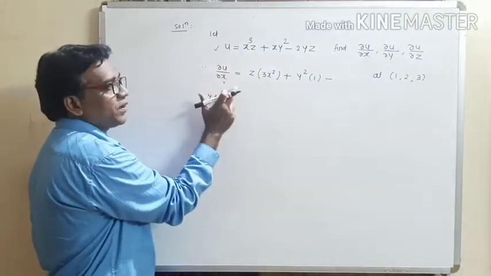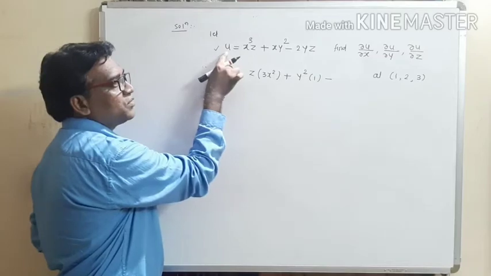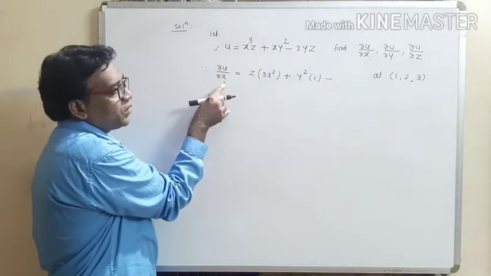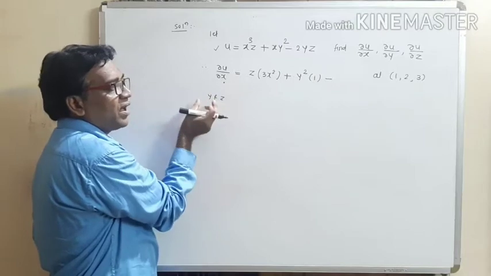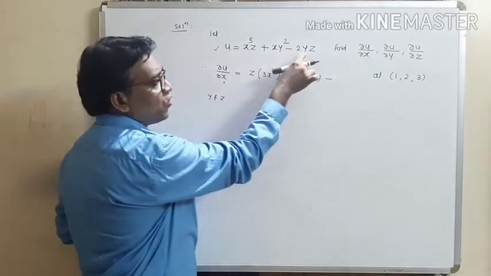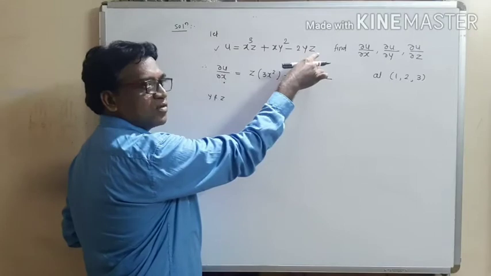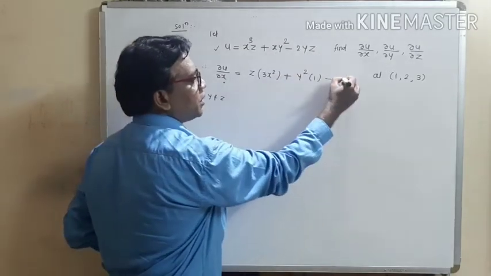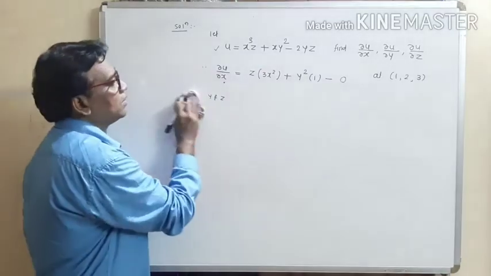Partial derivative with respect to x means we have to find the derivative of u partially with respect to x by keeping y and z constant. So y is a constant quantity, z is a constant quantity, as well as 2 is constant. So the derivative of a constant number is 0.